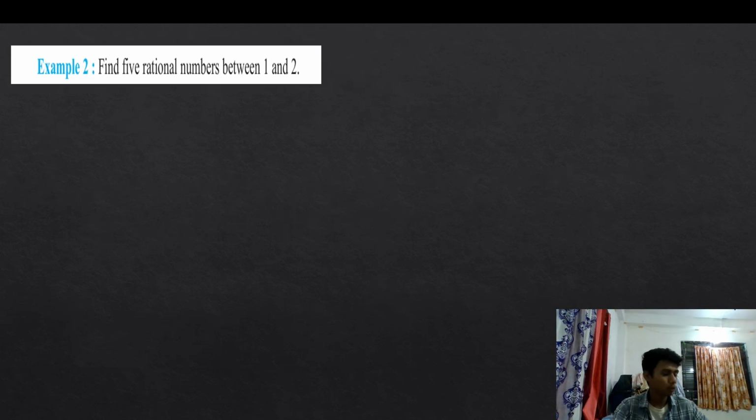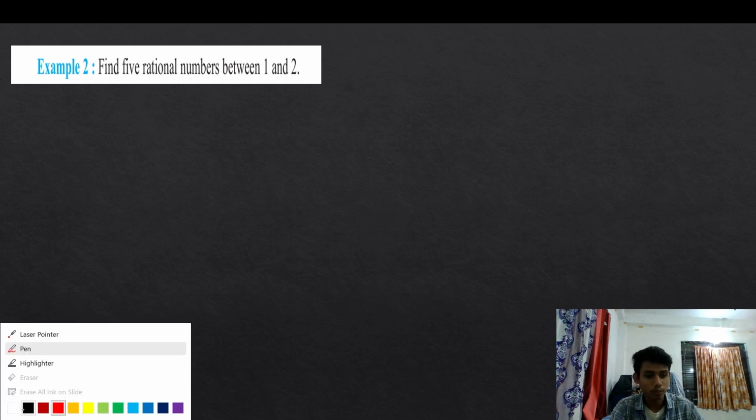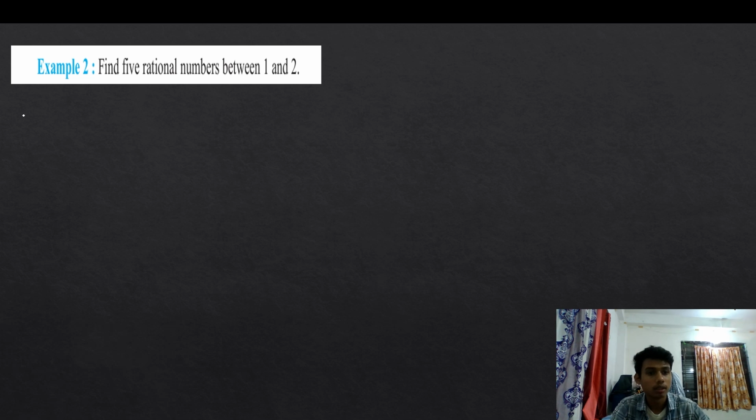Now let us come to example number 2. Now the question says, find 5 rational numbers between 1 and 2. Now to solve this question, we have two different methods. Method 1 is slightly difficult and method 2 is quite easy, but we are going to learn both the methods.